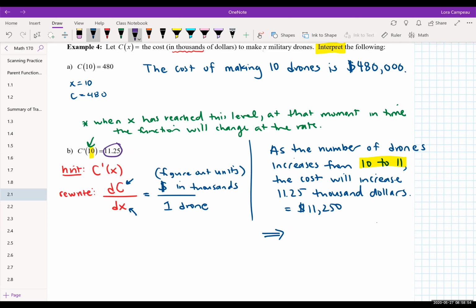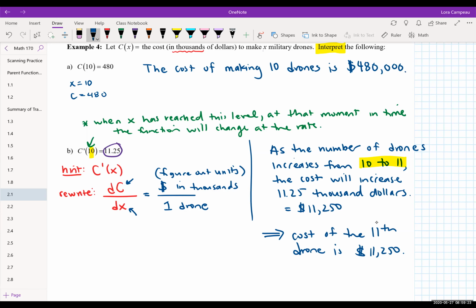So one might be able to say the cost of the 11th drone is going to be 11,250 according to the constraints.